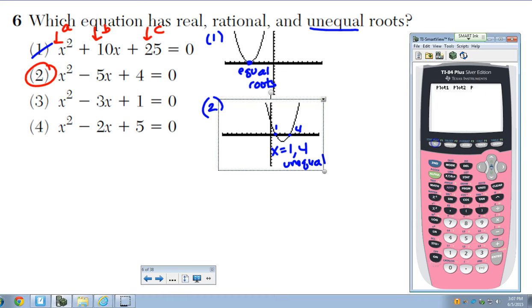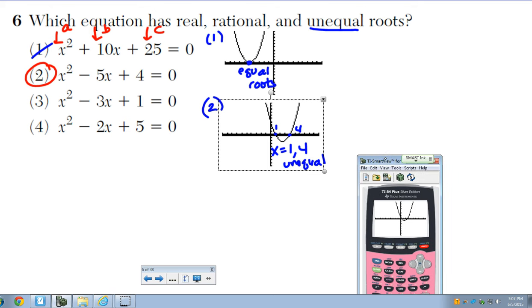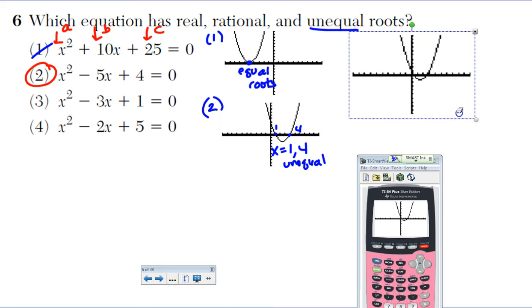But just to see what would happen with choices 3 and 4, here's choice 3. With choice 3, I really can't tell where it's hitting. Don't dismiss decimals right off the bat.